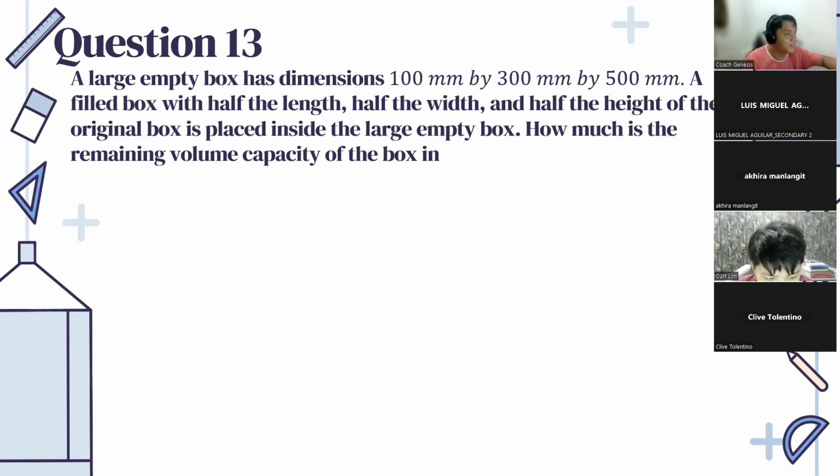Okay, I think the question here is, wait, let me just look at the problem. I didn't copy it. Okay. How much is the remaining volume capacity in liters? In liters. Sorry. Oh, round to the nearest hundreds. Wait, I need to type that one here because I didn't. To the nearest hundreds. Okay.